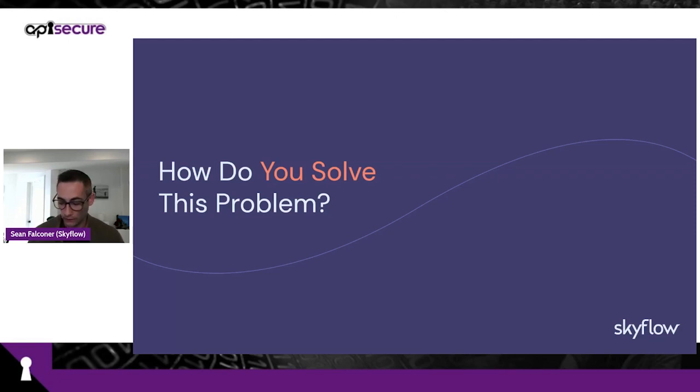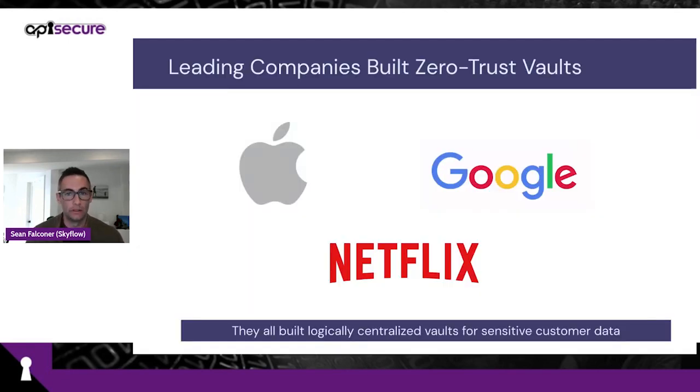So that's fairly doomsday, but turning to the positive here, how do we actually solve this problem? Now, the good news is there are a number of leading technology companies like Apple, Google, and Netflix, and a handful of others that have addressed this challenge through a technology that they pioneered known as the Zero Trust PII Data Privacy Vault. And their key insight was that the data they store about their customers, which is core to their business, is something special.